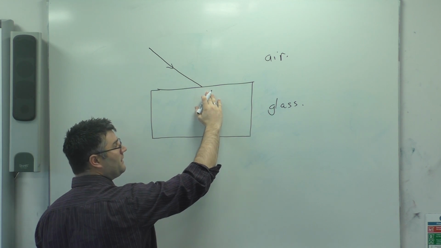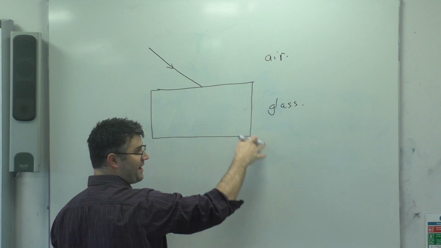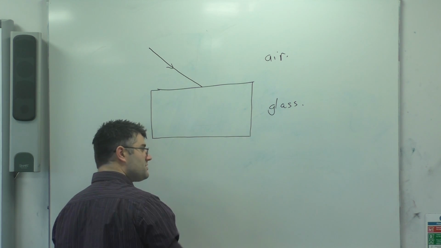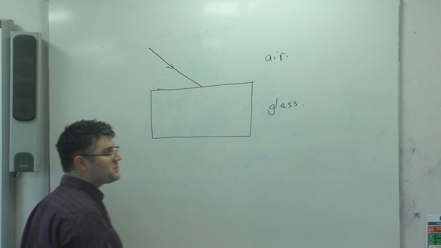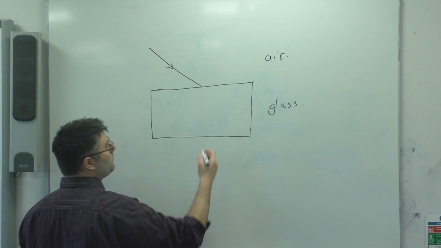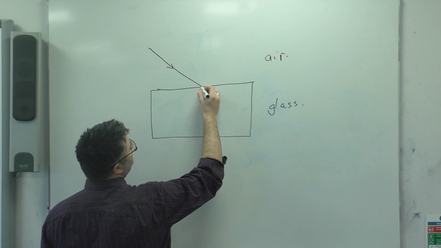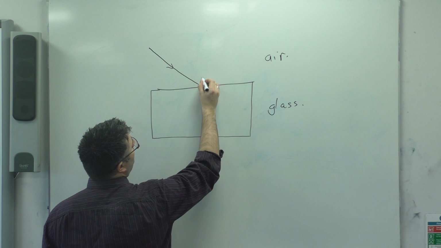Now, when light passes from a less dense to a more dense medium that it can pass through, as a result of the changing speed and changing density of the material, we get this effect called refraction. In order to understand and visualize it, we need something called the normal line.